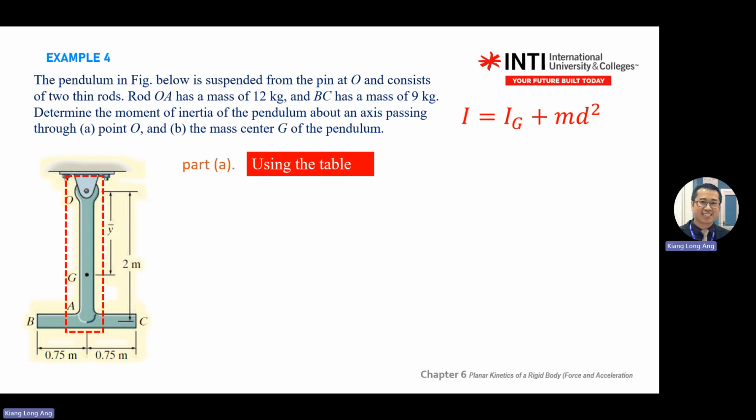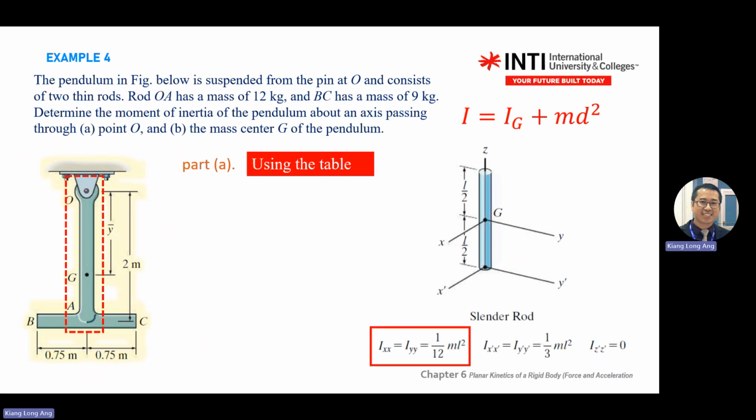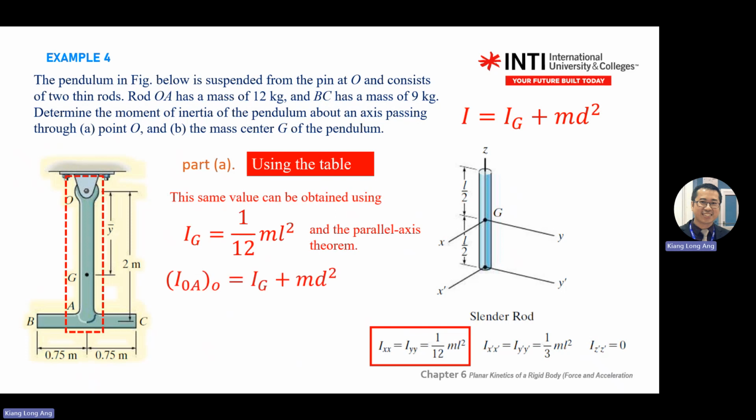This is a composite thing. If you want to use this formula with the D, you can also use this Ixx, but you're referring to point G. If you use this, your reference point is here, so there's a D already.